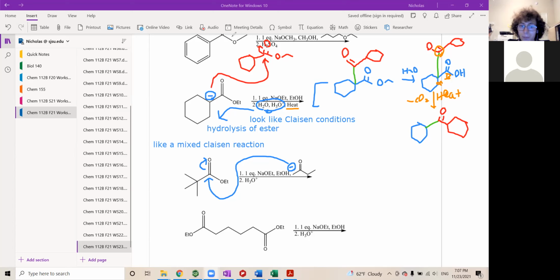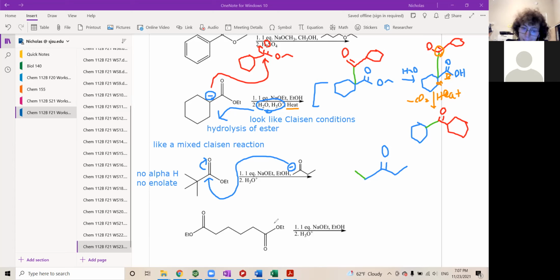So just to emphasize that. Hydrogen, no enolate. Okay. So forming a new bond at the alpha position.